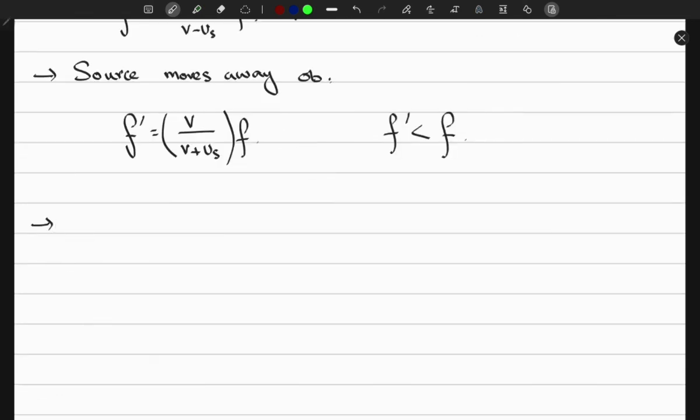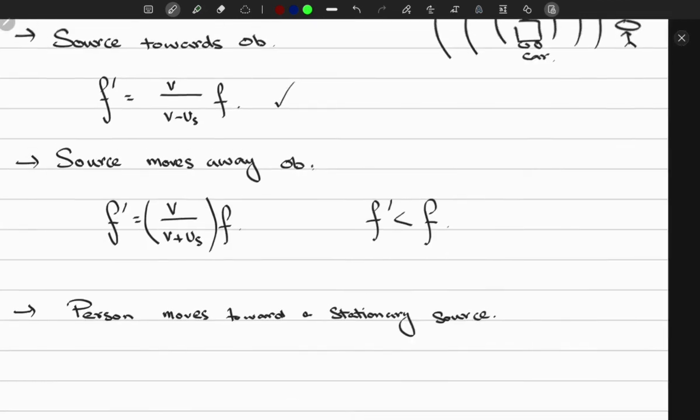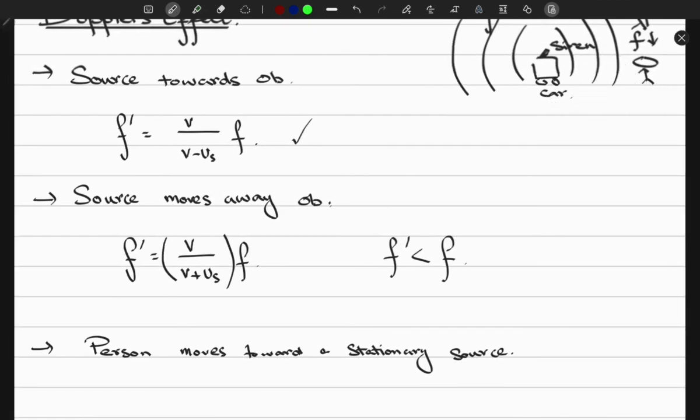Furthermore, you could also consider a case where the observer is moving. The observer moves towards a stationary source. So now the siren car is not moving, and the person starts moving towards this car instead.